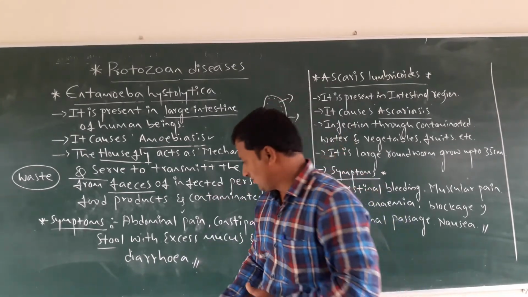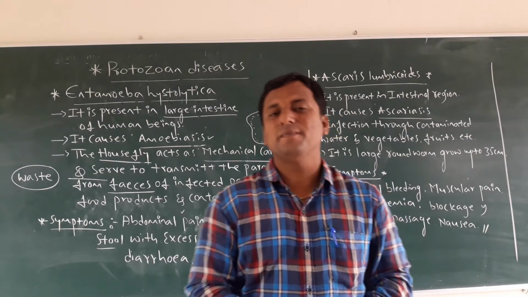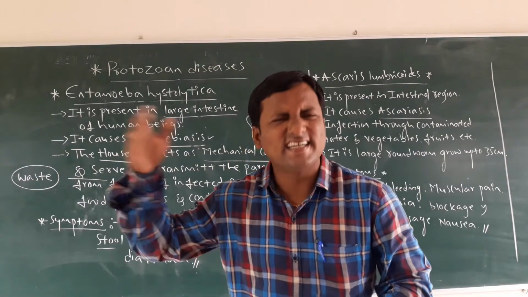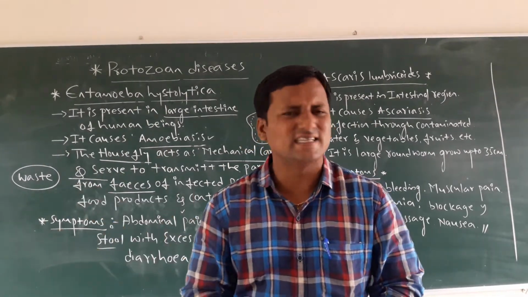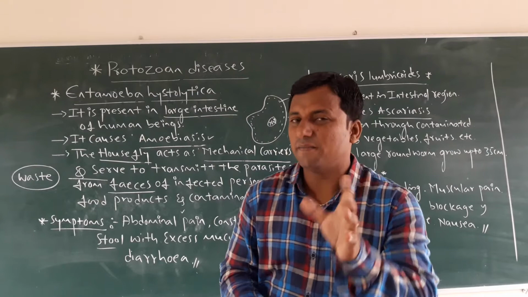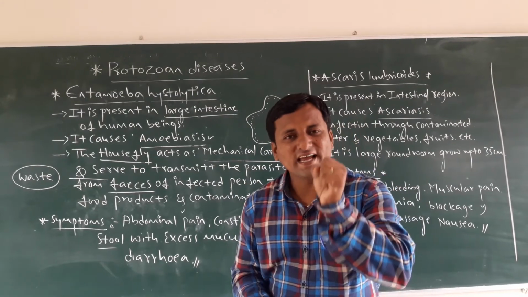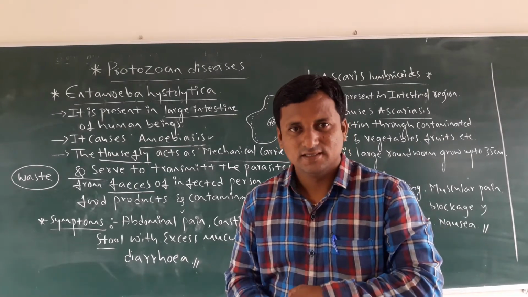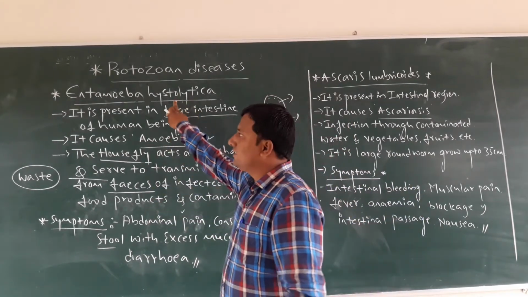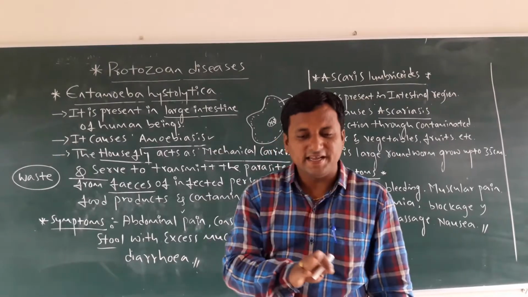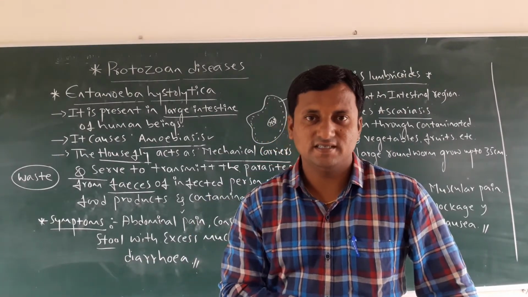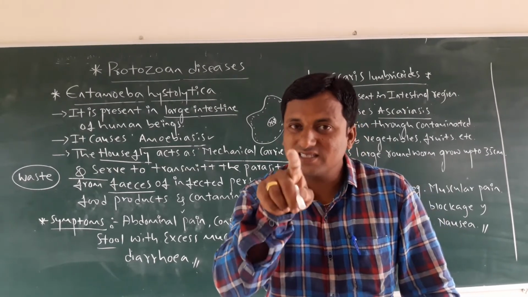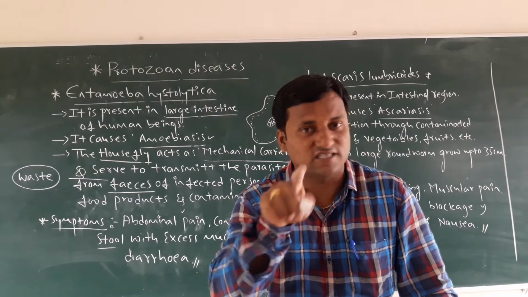And finally we get diarrhea. Diarrhea means atisara. Continuous excretion goes on; that's what we call dysentery. So that's why you must remember, dear student, how we get this infection into our body. This is how Entamoeba histolytica is also a very dangerous organism. It is an anaerobic parasite, and you must remember which disease it causes.